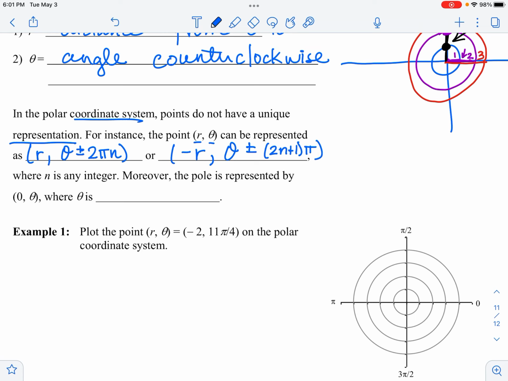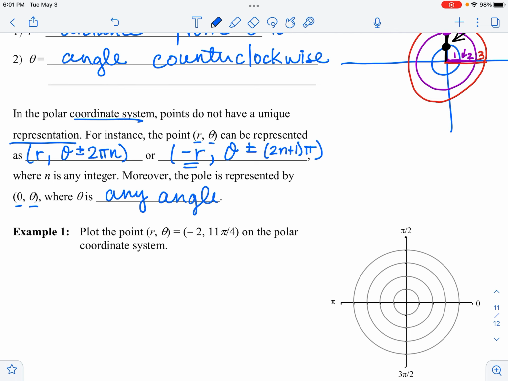Here's what that means. If we're using negative r, that's like the other side of the circle, so you would add another pi to the theta. So I'll tell you about that in just a second. So basically theta could be any angle when the pole is 0, comma, theta.